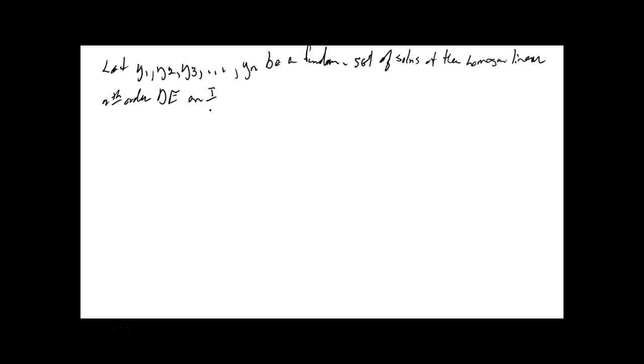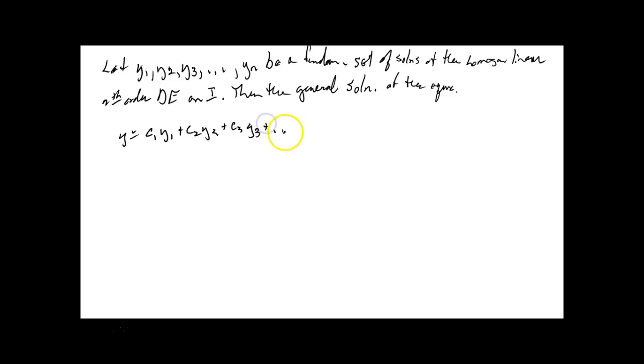Then the general solution of the equation is y equal to C1 y1 plus C2 y2 plus C3 y3 plus dot, dot, dot, plus C sub n y sub n.